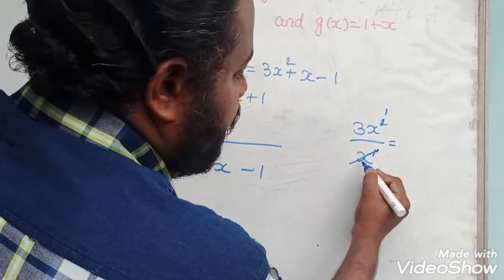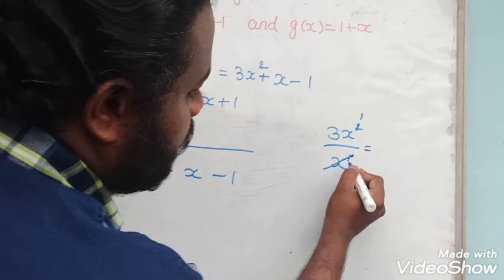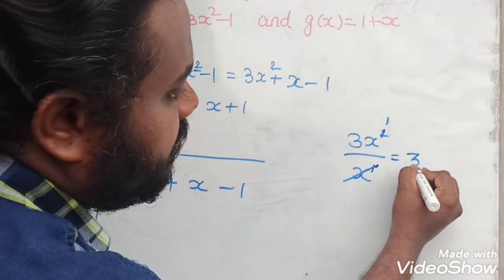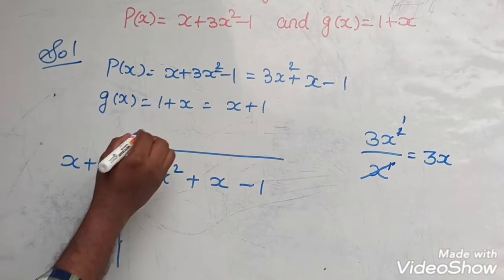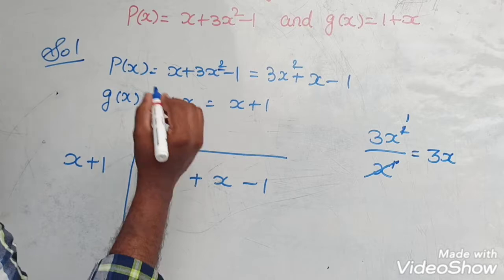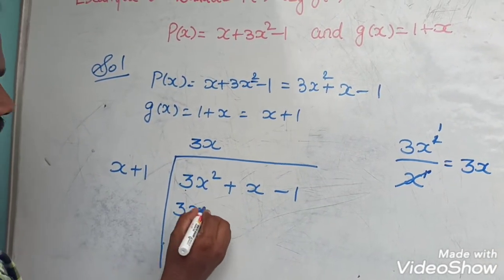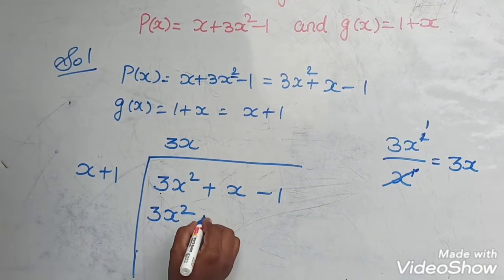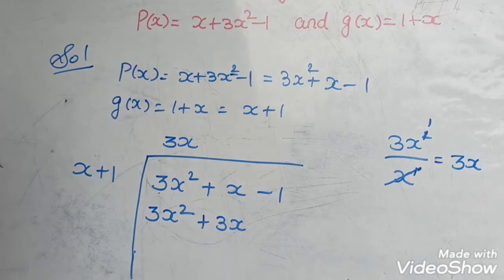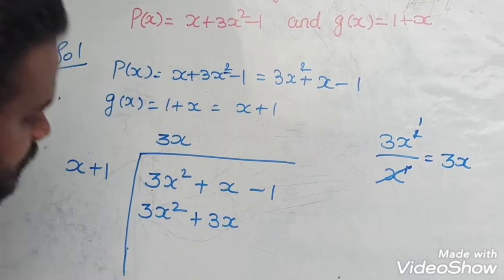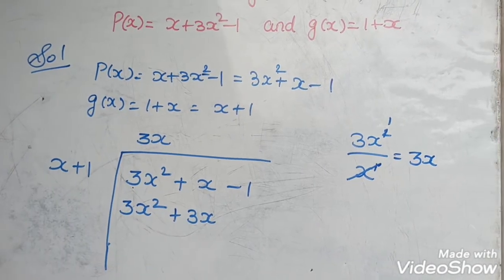All the terms are cancelled, so the denominator is 1. So the remaining is 3x. So we have to multiply 3x with x plus 1. 3 into 1, 3x into x, x square, 1 into 3x, 3x.